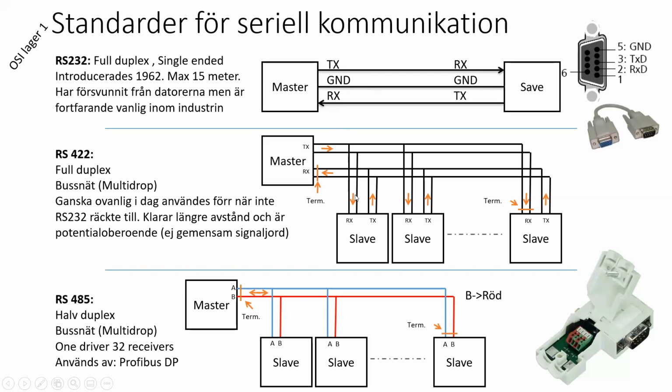But in this system, you could have many nodes electrically connected to the same wires here. And that's very convenient if you want to reach a lot of, for example, slave nodes or sensor nodes from one master node here. So you want a bus network.